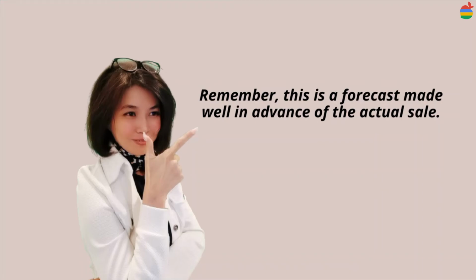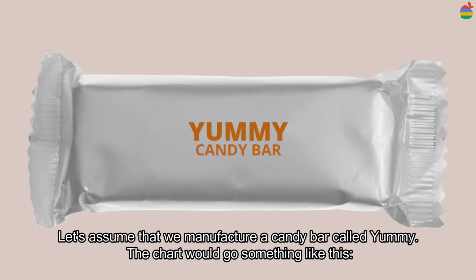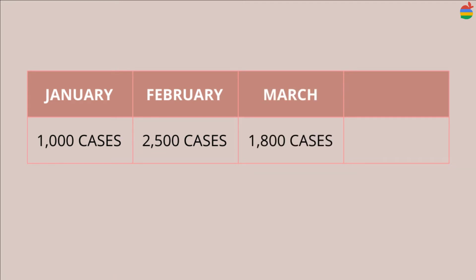Remember, this is a forecast made well in advance of the actual sales. Let's assume that we manufacture a candy bar called Yummy. The chart will go something like this: January, 1,000 cases; February, 2,500 cases; March, 1,800 cases. Quarterly total is 5,300 cases.